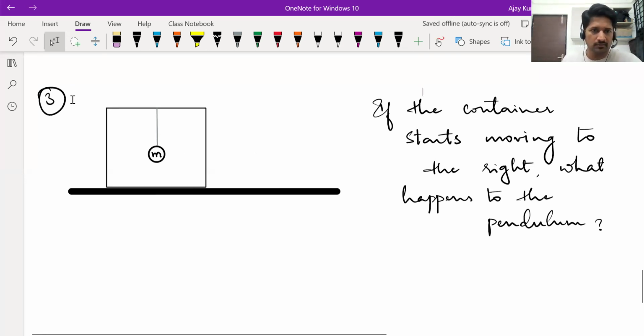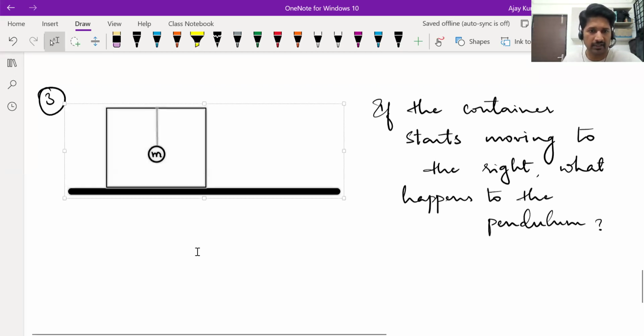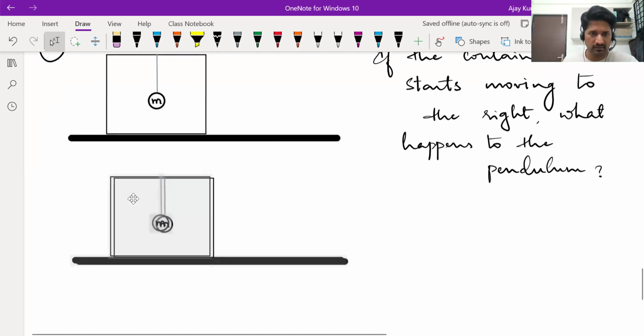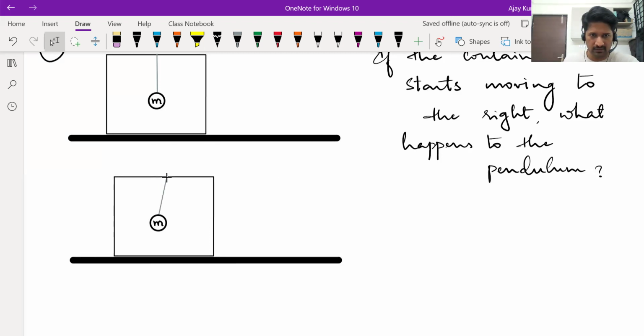So what Vanilla was saying was mostly correct. Initially, there's no force acting horizontally. Why should it move horizontally? It won't move. For the first instant, it is correct. The next instant, what happens? Assume the container has gone forward a little bit. Then the string tilts a little bit in the direction in which the container has moved.